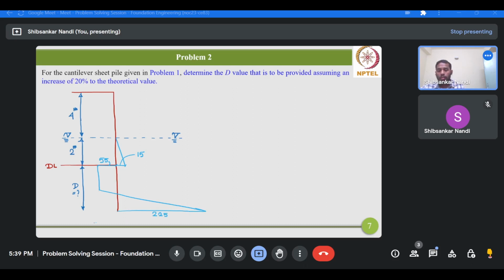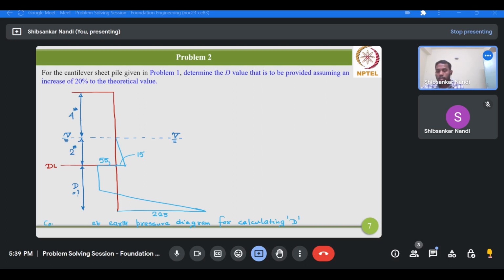So this is the net earth pressure diagram for calculating D. It will be better to write in this fashion.